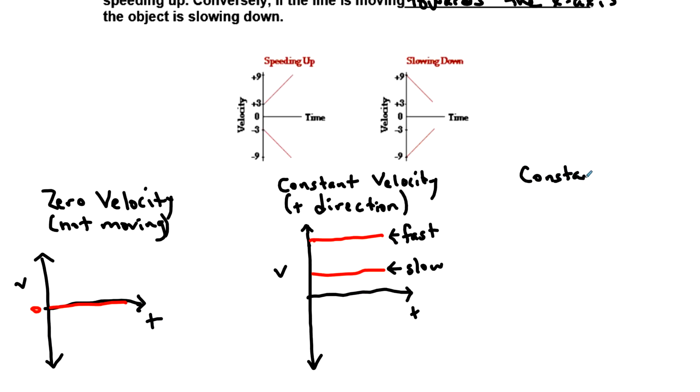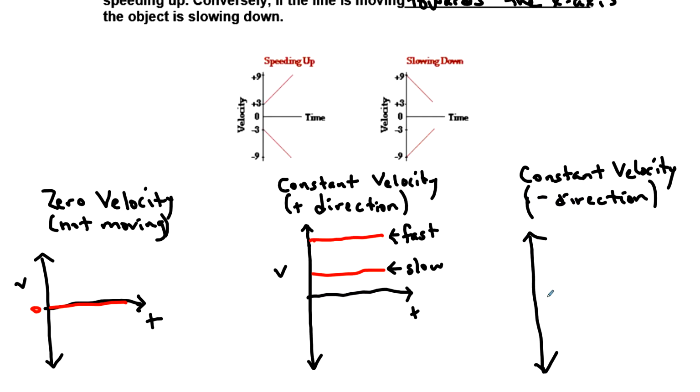Finally, let's look at that same scenario, but in the negative direction. Let's draw our axes again, velocity and time. Now if we're in the negative direction, we're down here. So you could have a line like this and a line like this. The faster object is the one furthest from the x-axis. So this would be the fast one, and this would be the slow one.